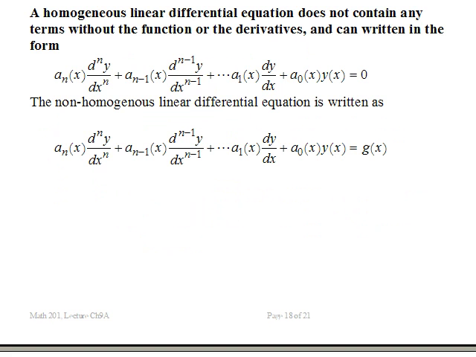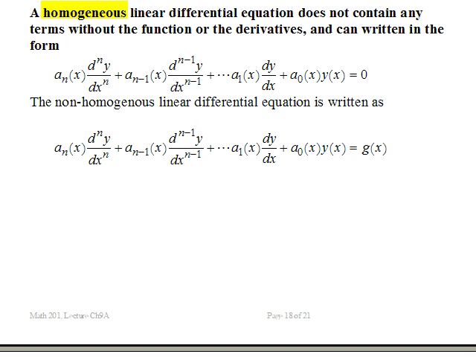We're getting to the end of this vocabulary lesson here, and now we're looking at homogeneous versus non-homogeneous linear differential equations. A homogeneous linear differential equation does not contain any terms without the function or the derivatives. So it can be written in this form. There's some function of x, which could have x itself in it explicitly, times all these derivatives, the nth derivative, the n minus 1 derivative, etc., down to the first derivative and the function itself.